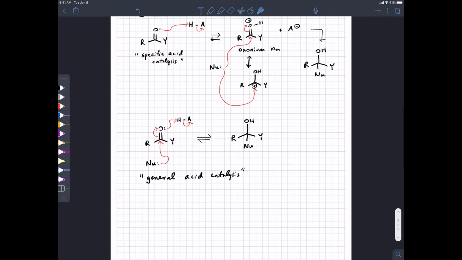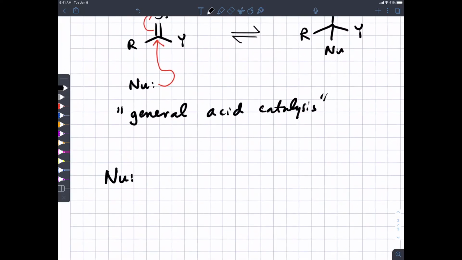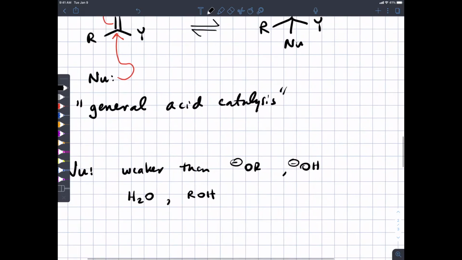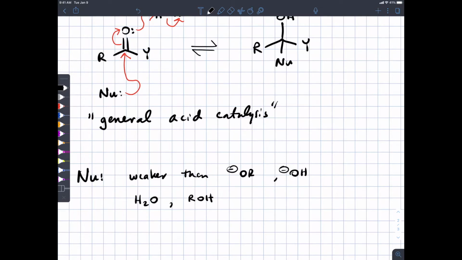Examples of nucleophiles that do this, these will be nucleophiles in general that are weaker than a negatively charged oxygen. Okay, so examples might be water or an alcohol. Notice that for water or alcohol, the conjugate acid is hydronium, or the oxonium protonated alcohol, and that pKa is -2.